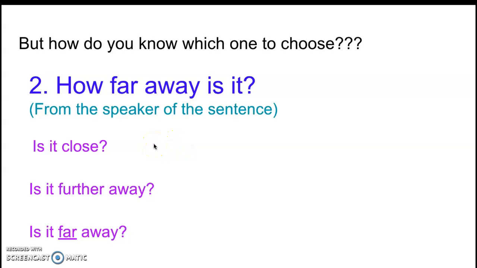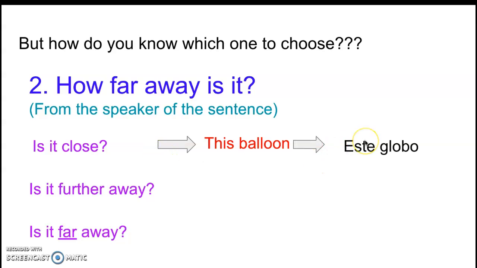So if the balloon is close to me, in English, it would be this balloon. In Spanish, it would be este globo. Again, look back at that chart. This balloon would be este globo because este is masculine and singular like the globo. Not like me, the speaker, the balloon. If it's further away in English, I would call it that balloon.